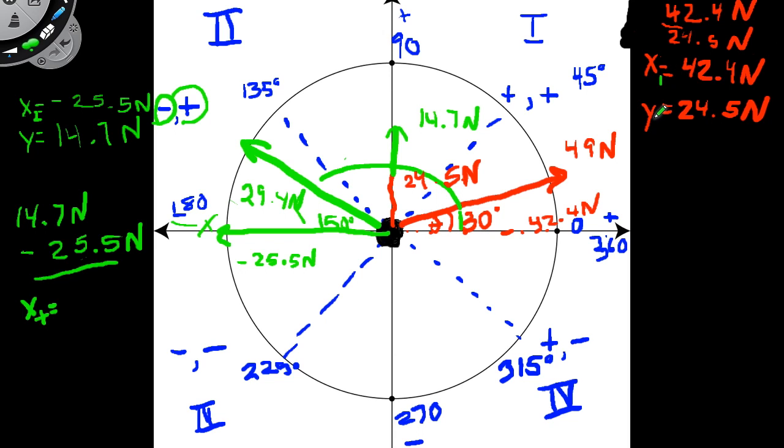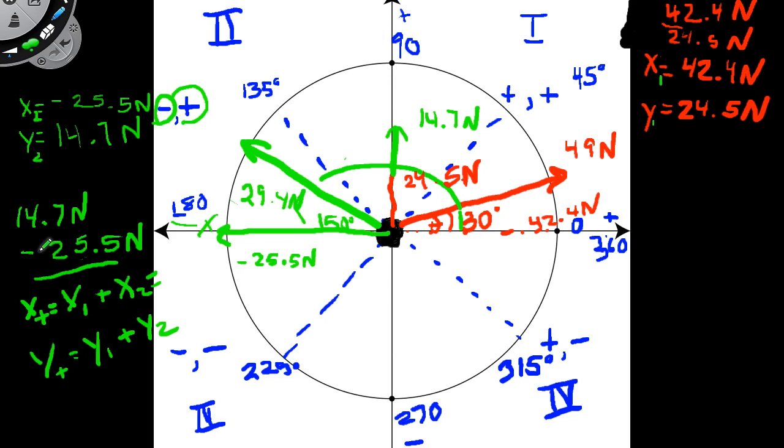So first this is y1, and then this is y2. So all I'm going to do is take my x1 value plus my x2 value, and then over here I'm also going to do my y total will be equal to my y1 value plus my y2 value.